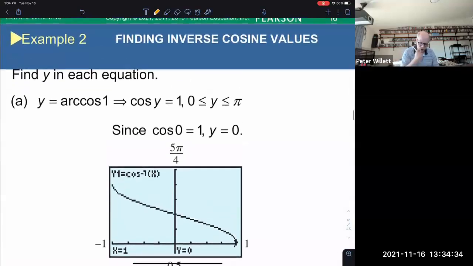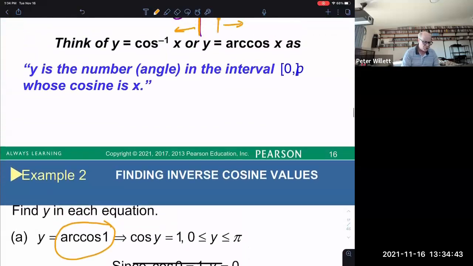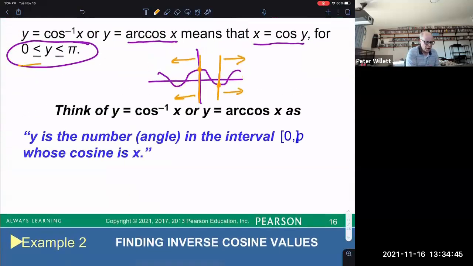This is what that flipped function looks like. Again, they'll do a better picture in a second when they do a summary. But if we were trying to evaluate the inverse or arc cosine of 1, you would basically be asking yourself which angle between 0 and pi would cause cosine of that angle to equal 1.